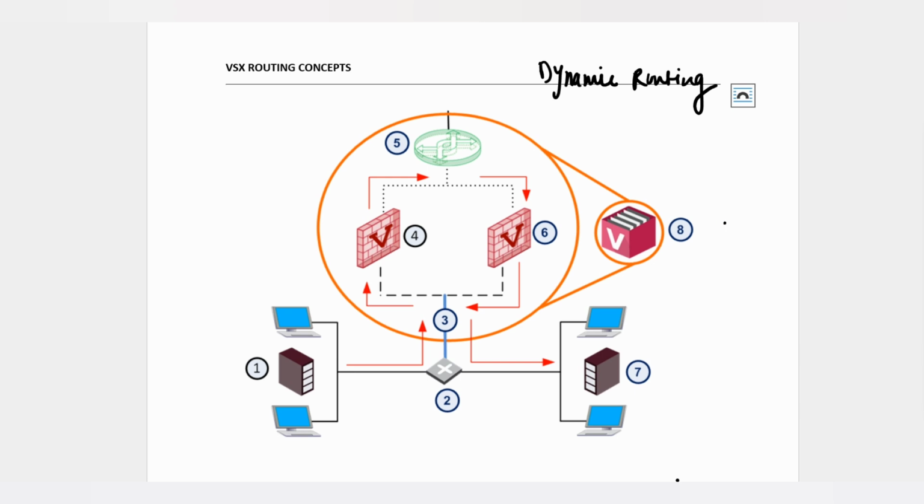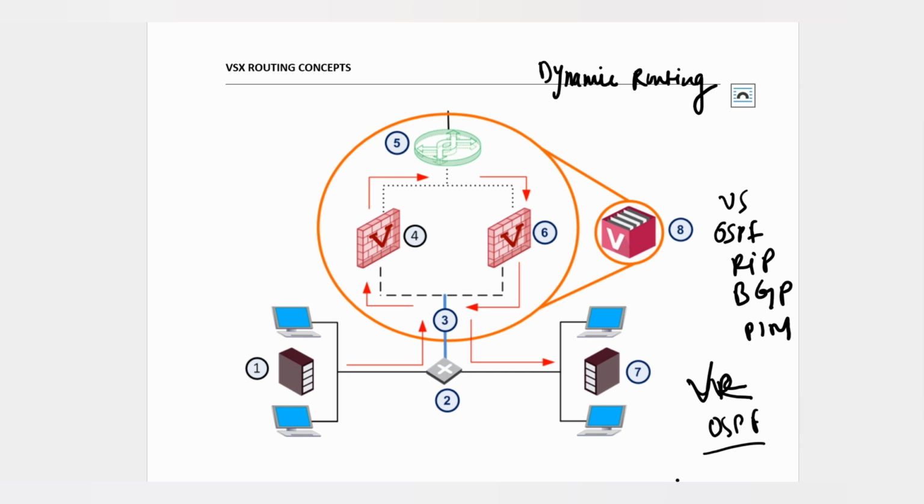Virtual system supports OSPF, RIP, BGP, and PIM. And virtual router supports OSPF only. So guys, this is the overview of the VSX routing concept. I hope you found this video informative.